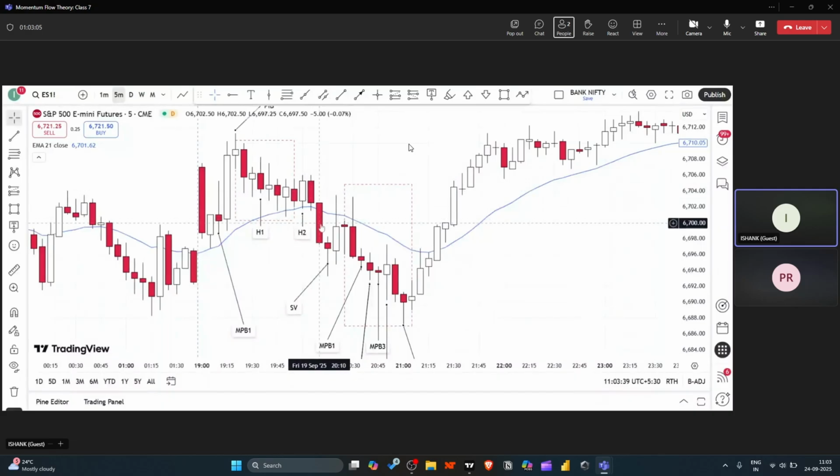Pullback completed on the fifth count. So this is an impulse. One, two, three. So that is again a PIB. This is a weak, strong.